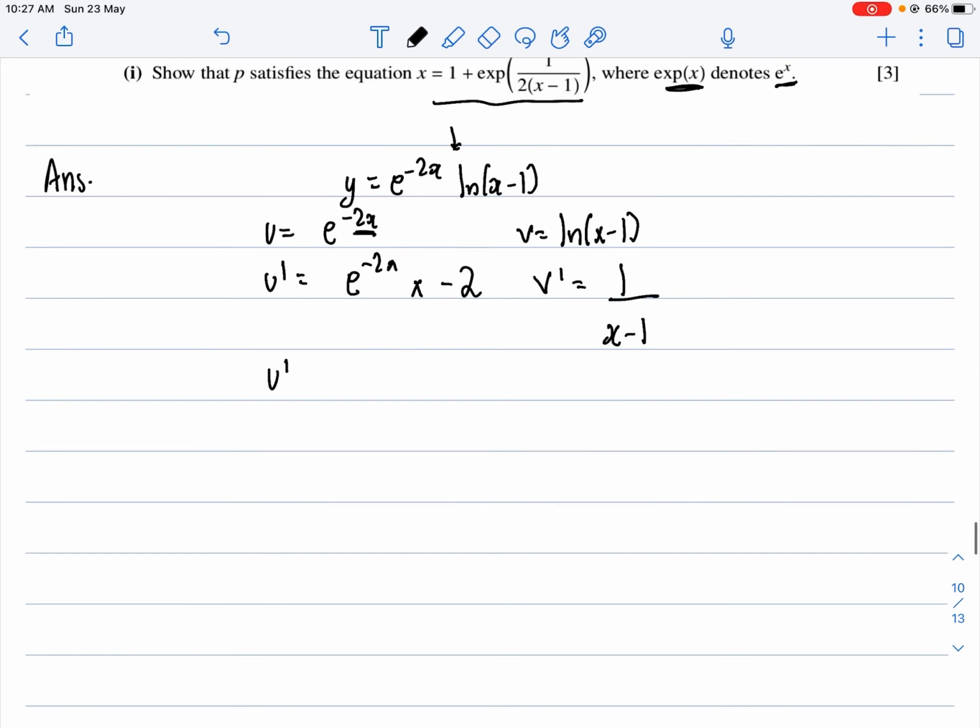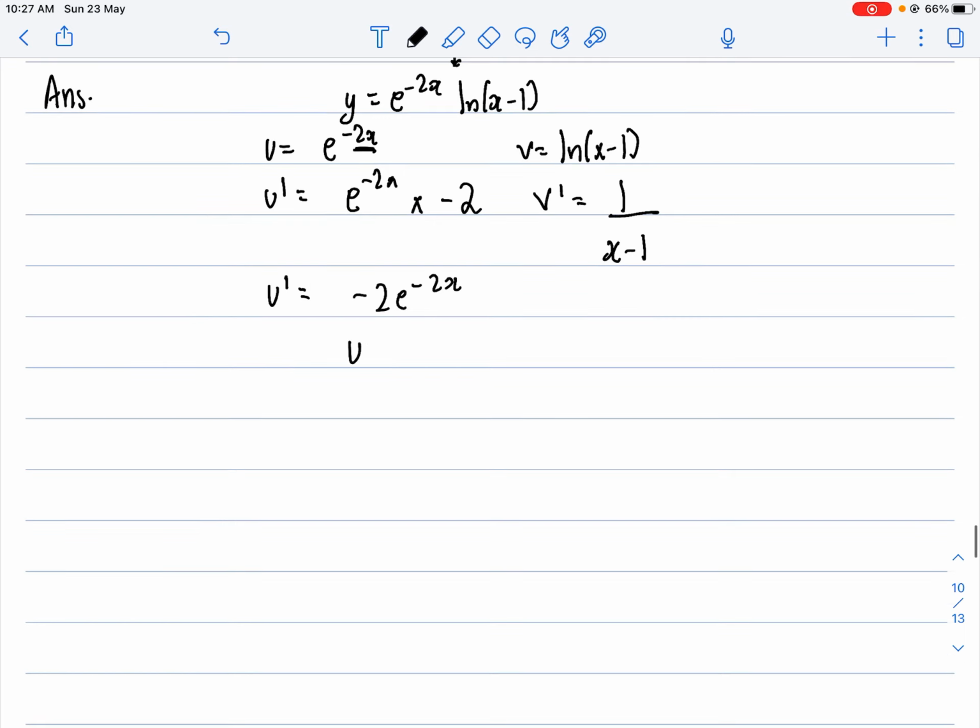So I can write u dash finally as minus 2 e raised to minus 2x. Now the formula which I use is uv dash plus vu dash, correct? So uv dash is simply e raised to minus 2x over x minus 1, plus vu dash is simply minus 2 e raised to minus 2x ln x minus 1.